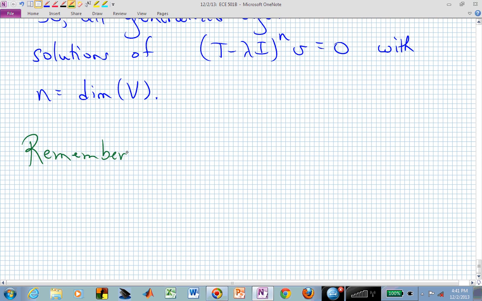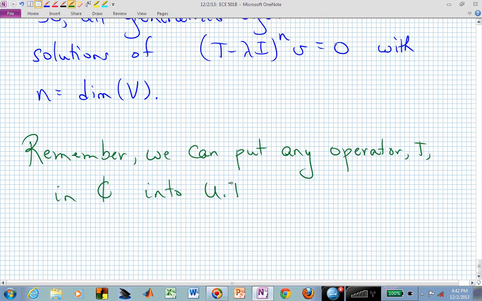Before we move on, let's remember we can put any operator T in our complex vector space into an upper triangular form.